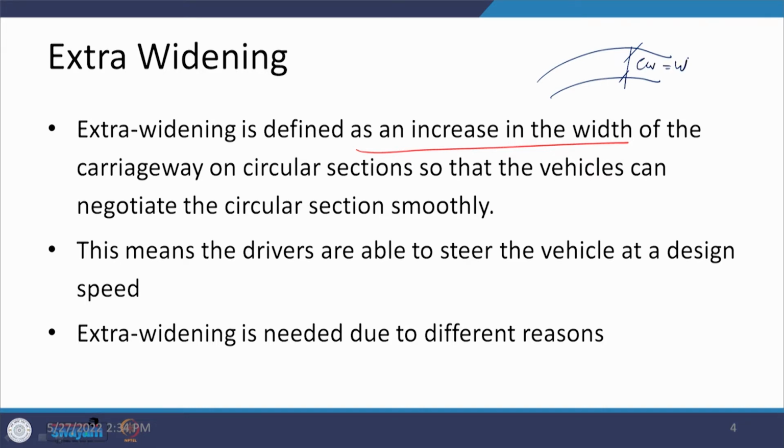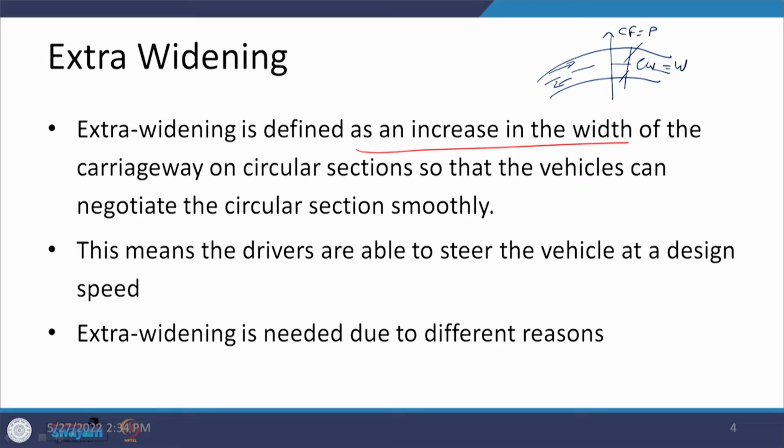The reason why we are going to do that is what we are going to talk about further, but the point here is that when you are talking about this particular curve and say it is a two lane system where the traffic is moving in both directions, then on this curve there is going to be a centrifugal force P acting outwards.